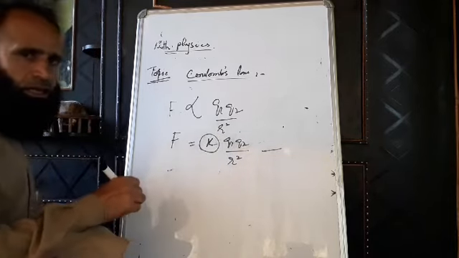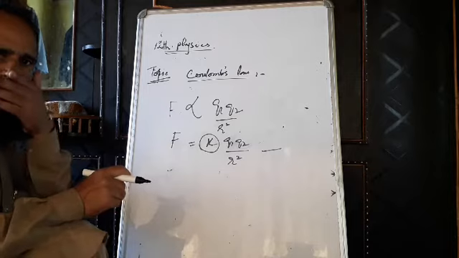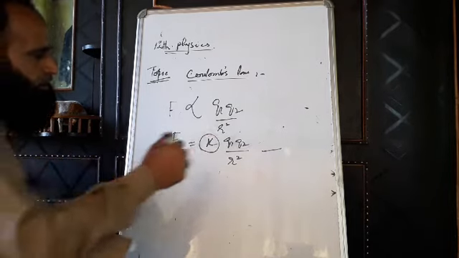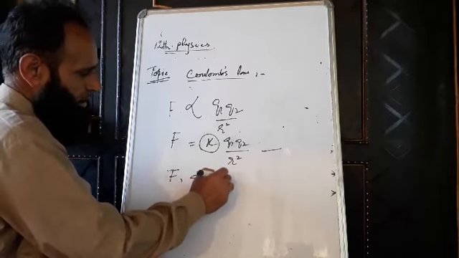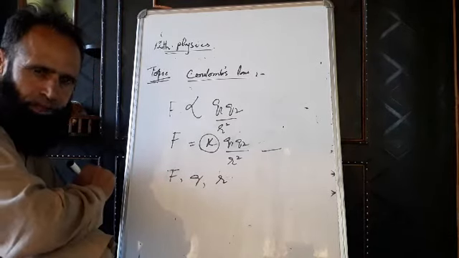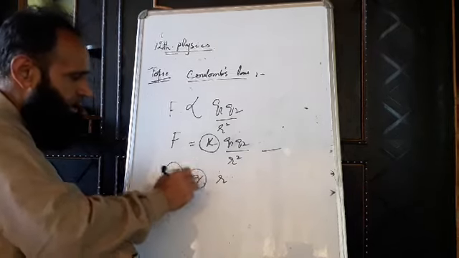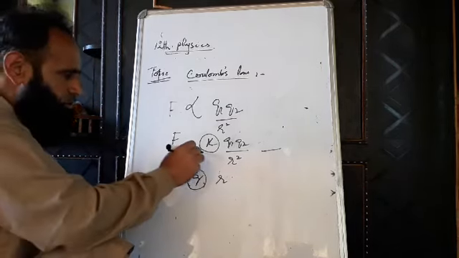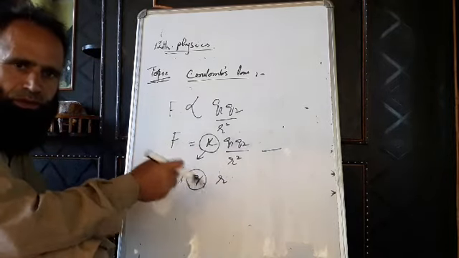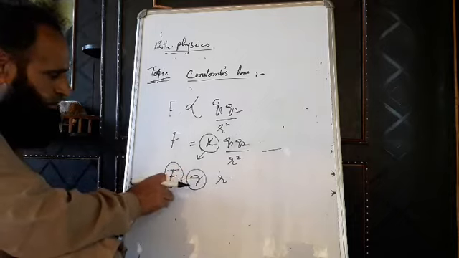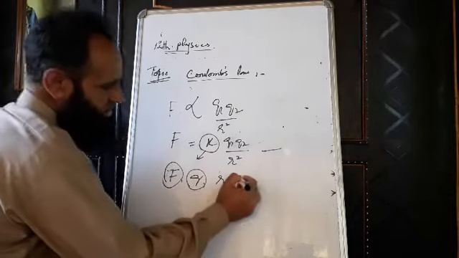This K takes a value depending on the system in which we are measuring the quantities F, Q and r. Whether we measure in the CGS system or in the SI system, the value of K depends upon which system we use.